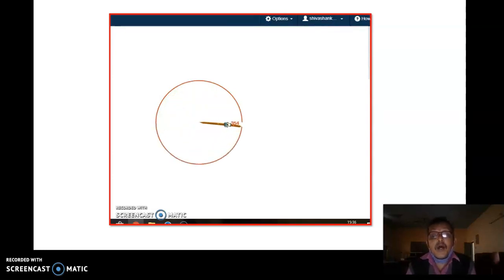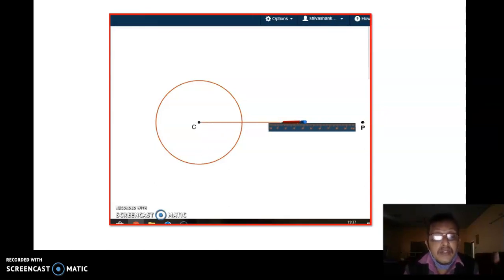The center is C. Now point out P, which is 10 centimeter away from the center. So that is P. Now join CP. P is the external point.